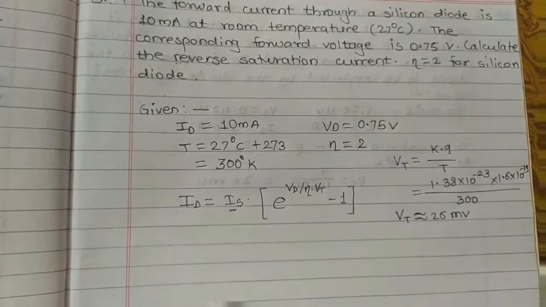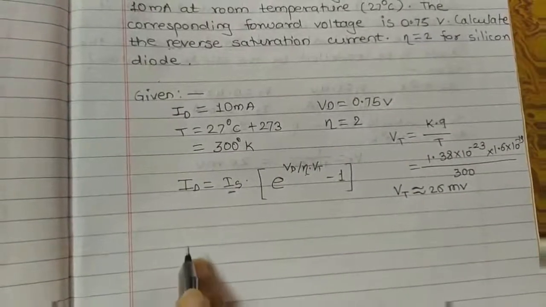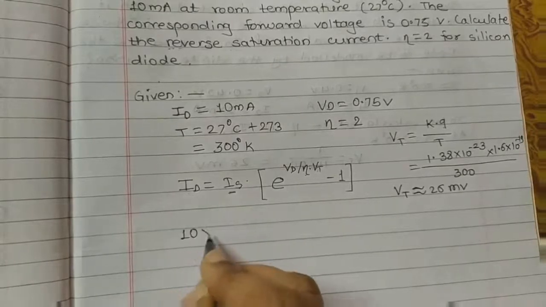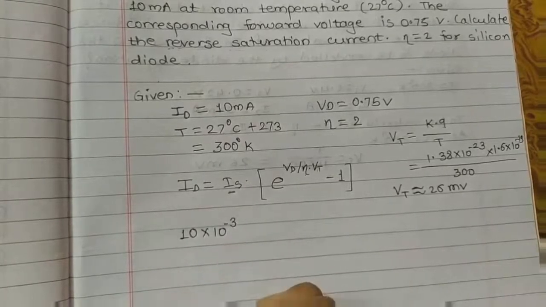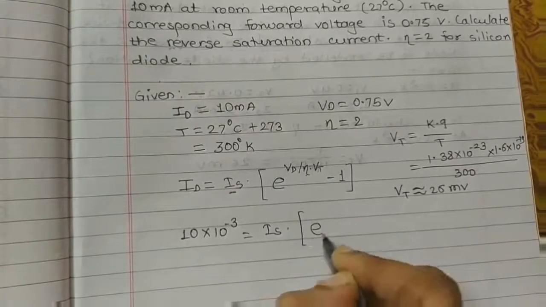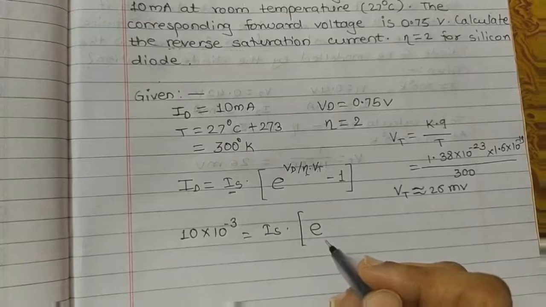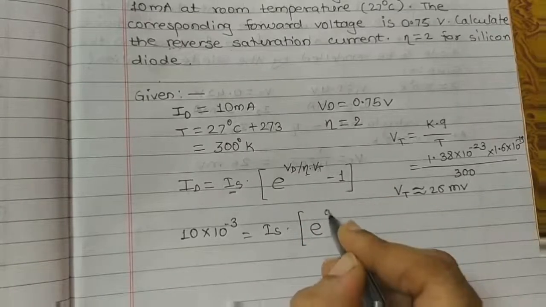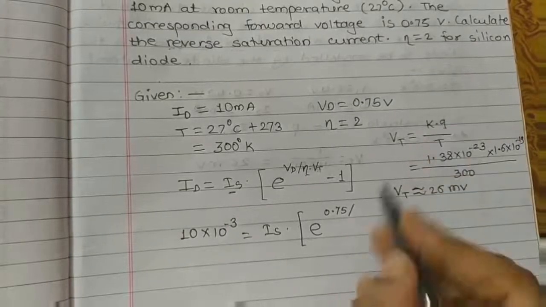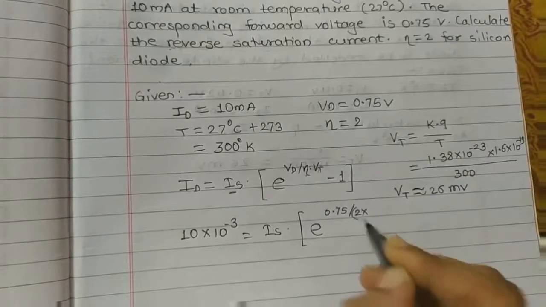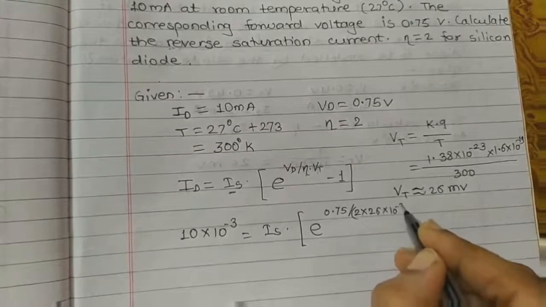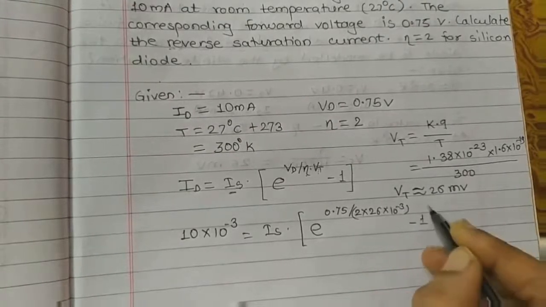So by putting these values in this equation, we'll get ID is 10 milliampere, that is 10 into 10 raised to minus 3, which is equal to IS into e raised to 0.75 divided by eta 2 into VT 26 millivolt, that means 10 raised to minus 3, minus 1.